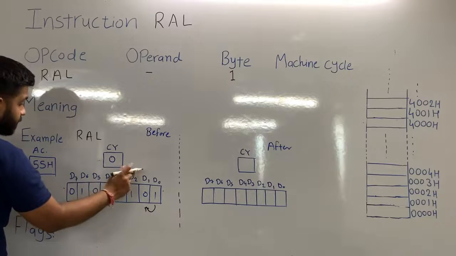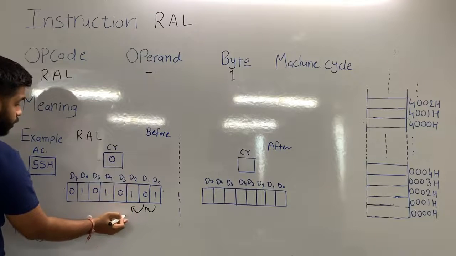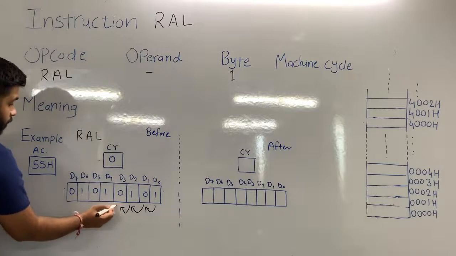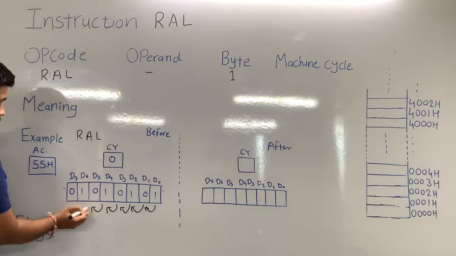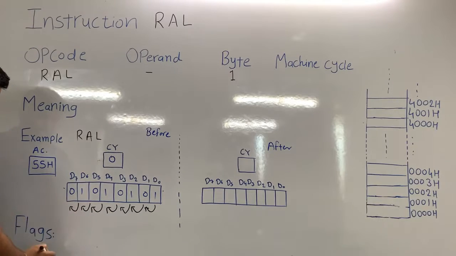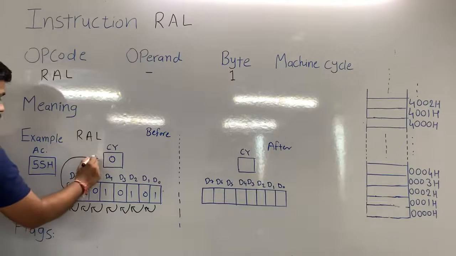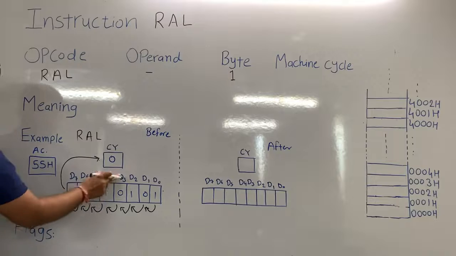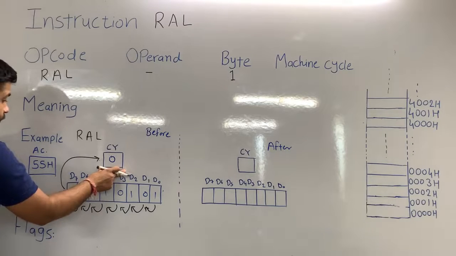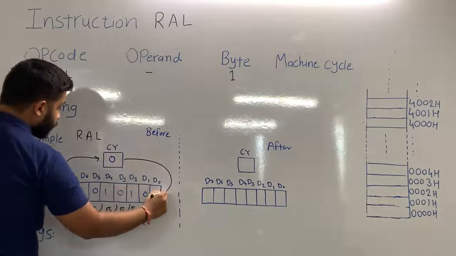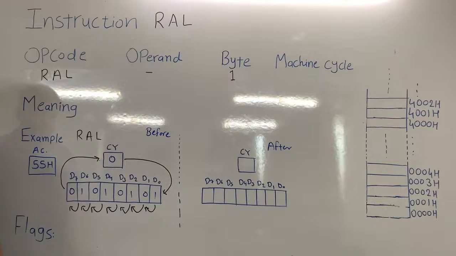The bit in D1 will be shifted to D2. D2 will be shifted to D3, then D4, D5, D6 and D7. The bit which is present in D7 will be shifted to the carry, and whatever bit is present in the carry will be shifted to D0.